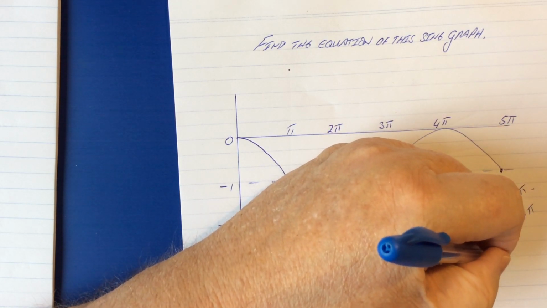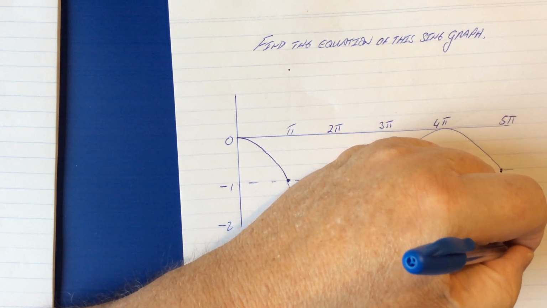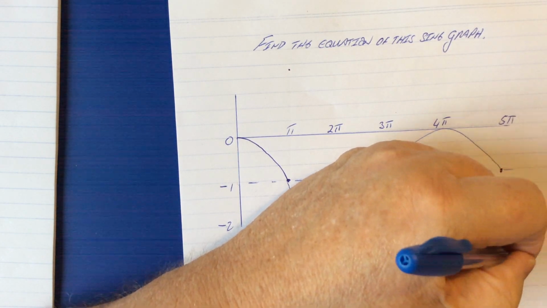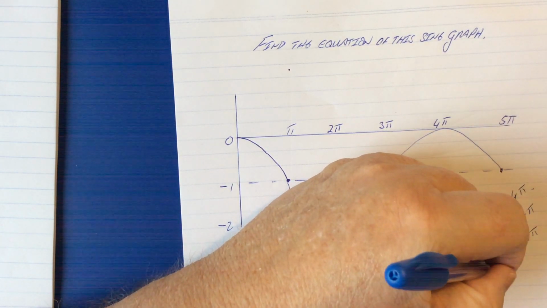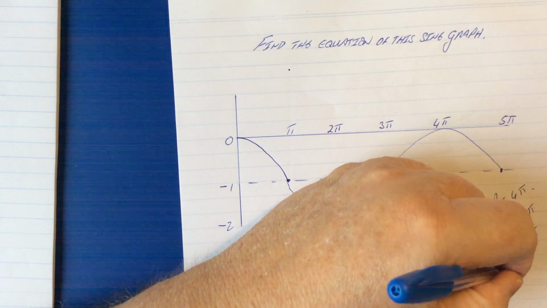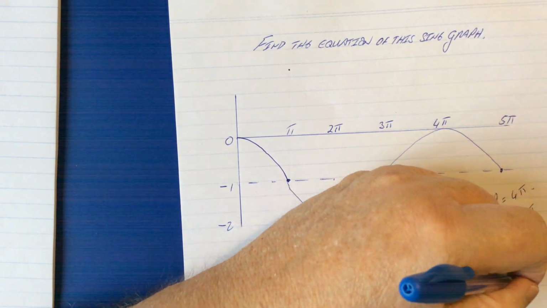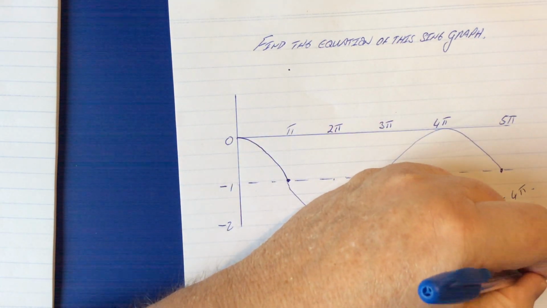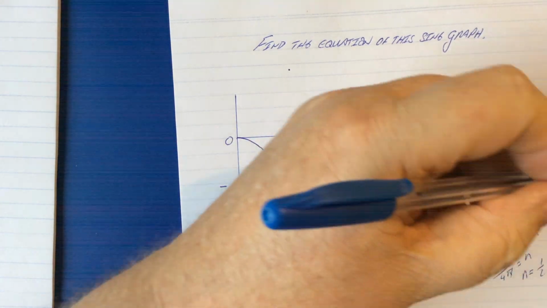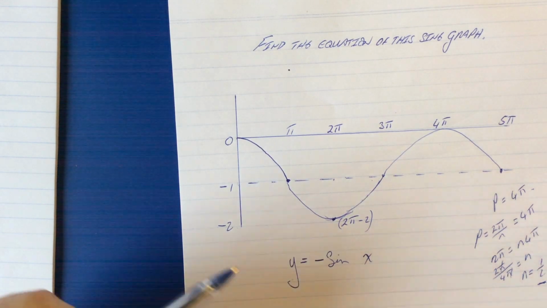So 2 pi is going to equal n times 4 pi. 2 pi on 4 pi is going to equal n. They cancel, so n is going to equal 1/2. So we'll just park that there for the moment.